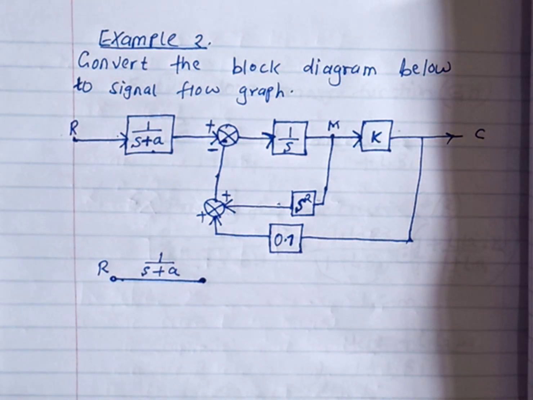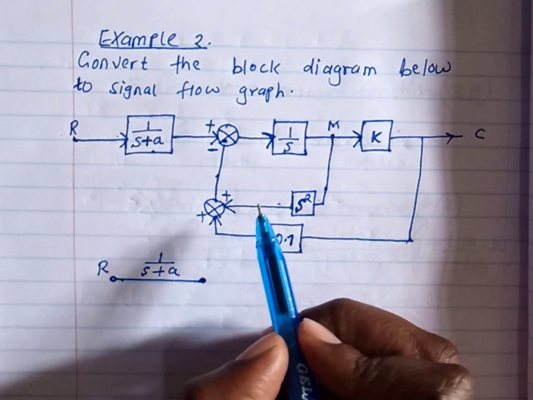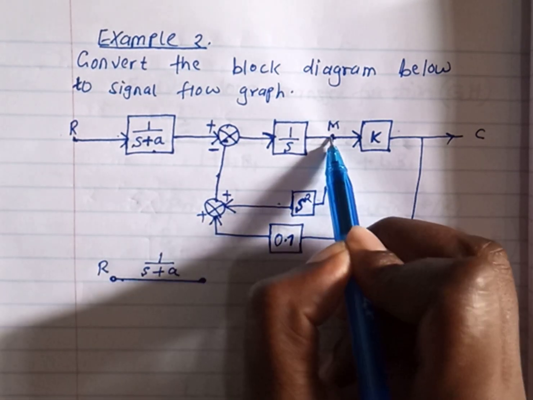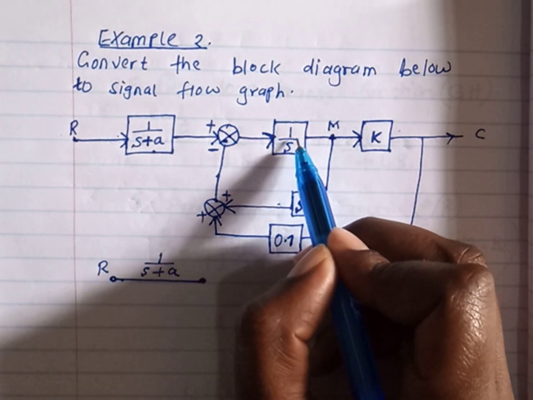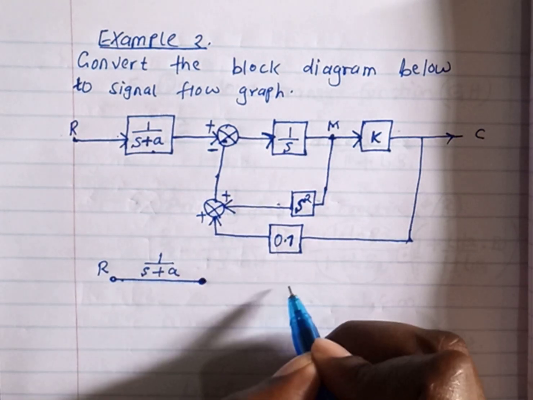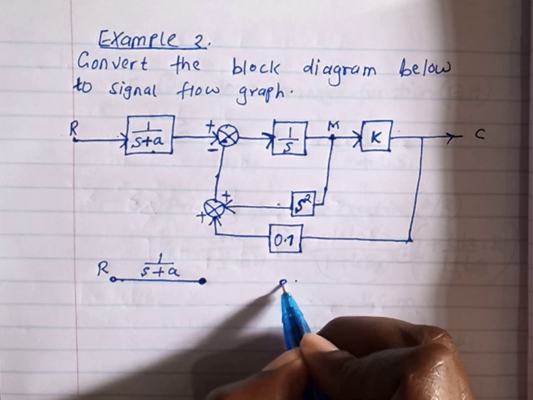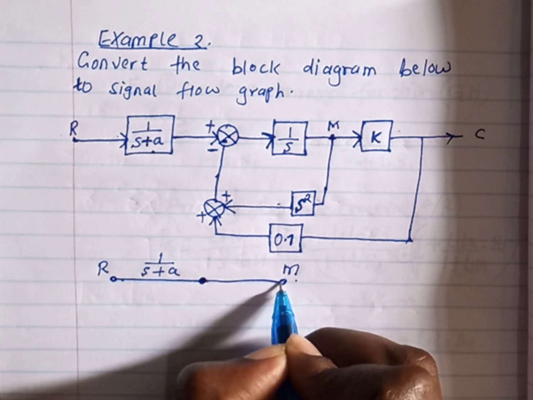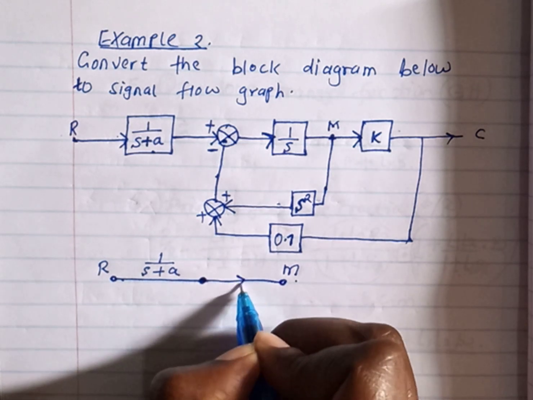Then from this summing point to the pick off point, I'll have this gain block. So from this node to another node here, let me call this one M, I indicate an arrow.